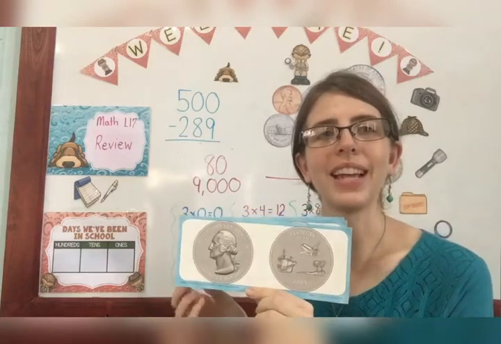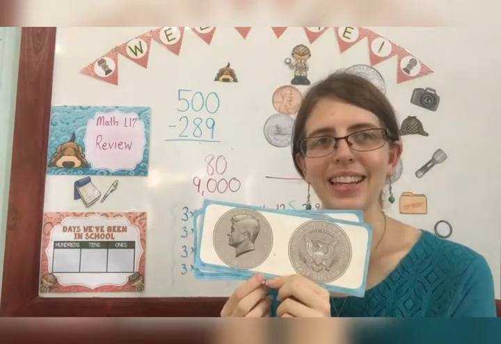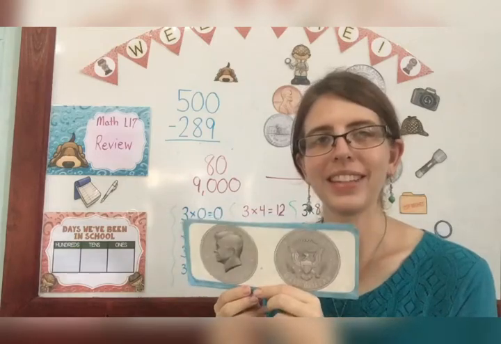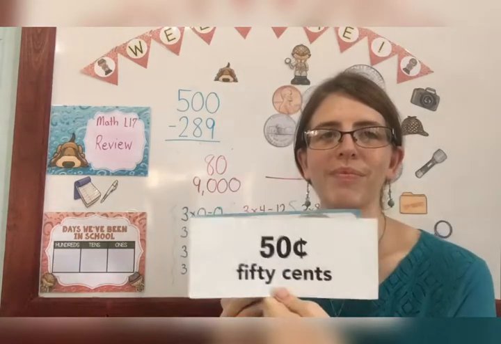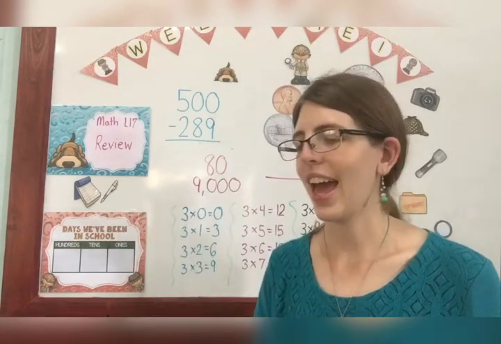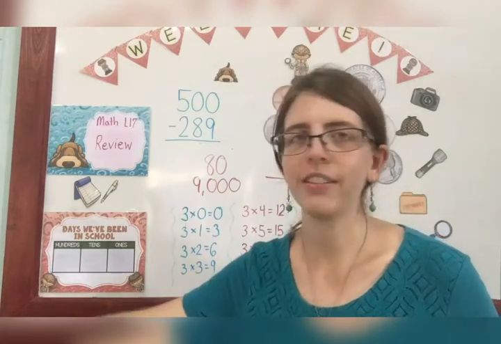It's worth how many cents? 25. This is a half dollar. And how many cents is it worth? 50 cents. Good job. And our last one is a nickel, and it is worth how many cents? 5. Excellent job.